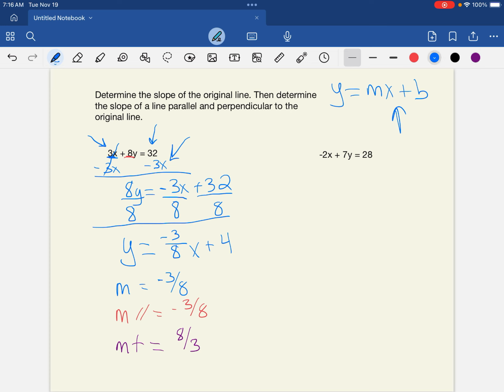Once I've converted out of standard form to slope-intercept, then it's much faster to find the slopes of the different types of lines. For my second example, I have another one here so that we can see how we're converting out of standard form. It's going to sound the same. I see that I have negative 2x, so I'm going to do the opposite, which is adding 2x to both sides of the equation.